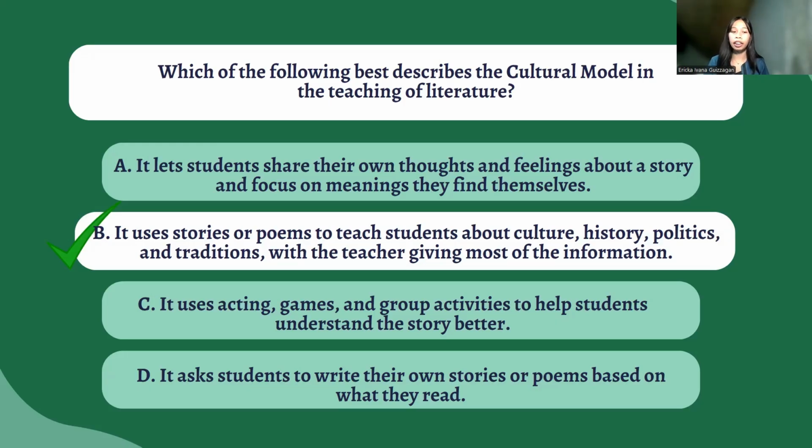The others are incorrect because letter A describes the personal growth model. Letter C is also incorrect because it describes experiential approaches like the language model. And letter D is more about creative writing and not the cultural model.